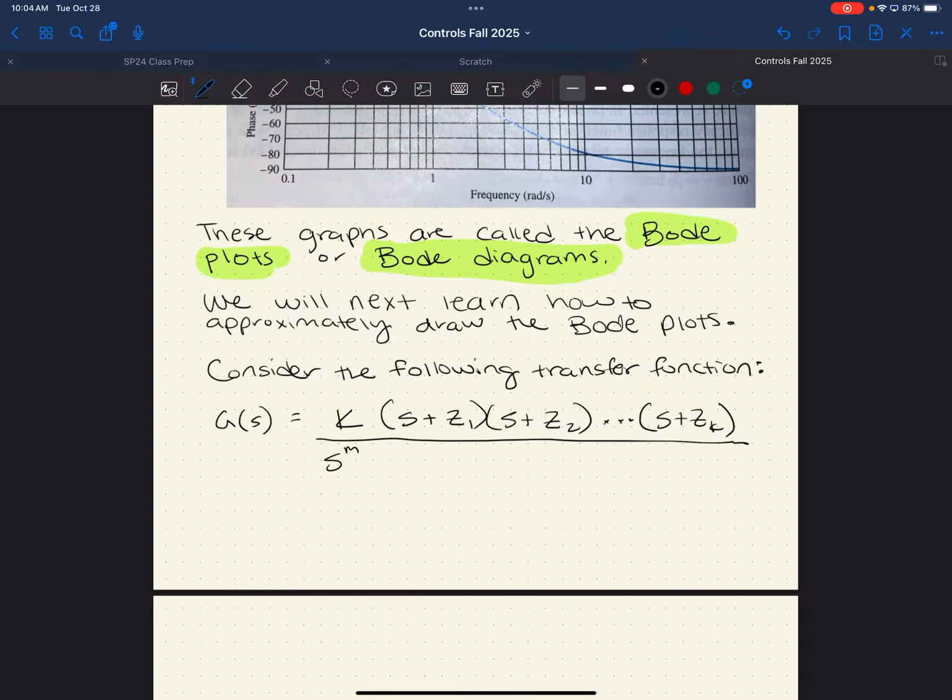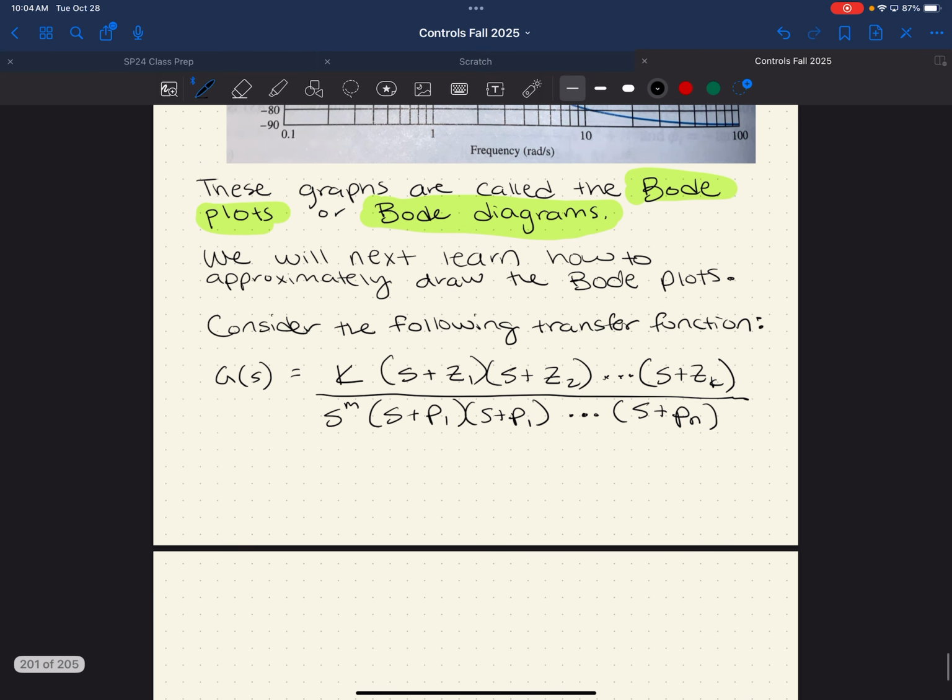Perhaps we have a pole at 0, or maybe we have poles elsewhere. And I don't even care how many poles you have. Let's consider the magnitude of our frequency response.